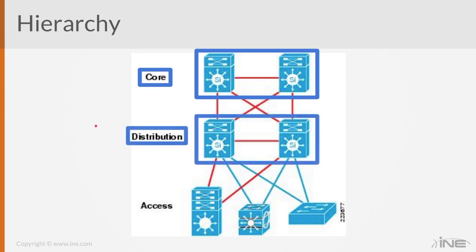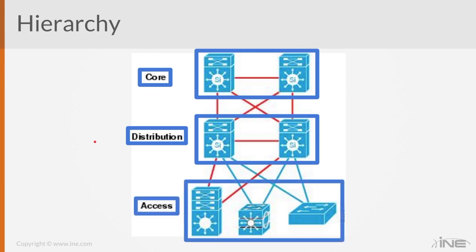Then we have the distribution. Most people call it the aggregation block. This is where you aggregate all the connection going south, or if your distribution is one going toward your WAN, that would be aggregating your network flow going north toward your access, and the access layer.